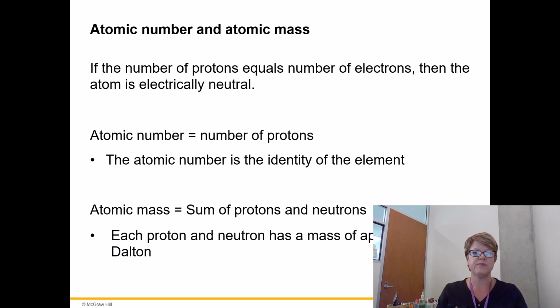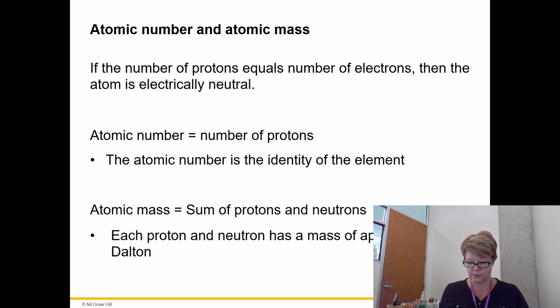But you don't have to remember that. But if you change the number of protons in an atom, you're changing the identity. And the identity means what type of atom it is. So protons are the identity of the element, the number of protons in the nucleus. And so atomic number, that is the number of protons. So the atomic number of hydrogen is 1.